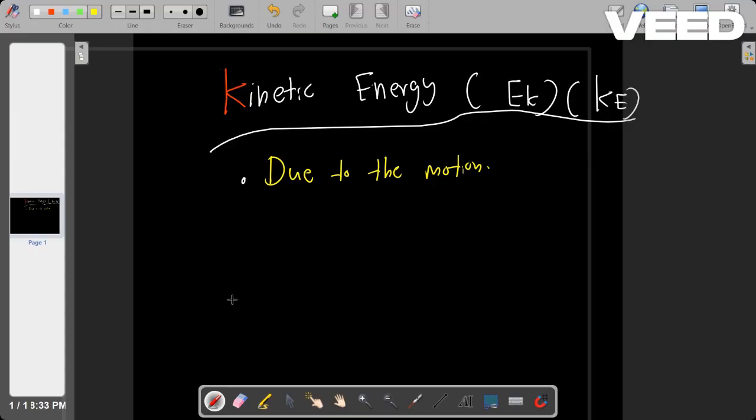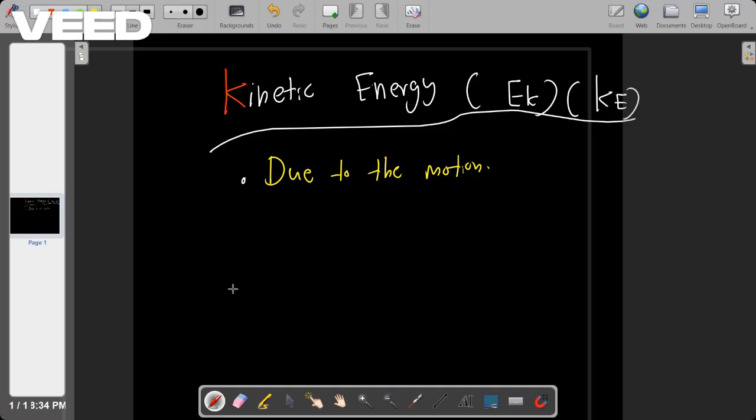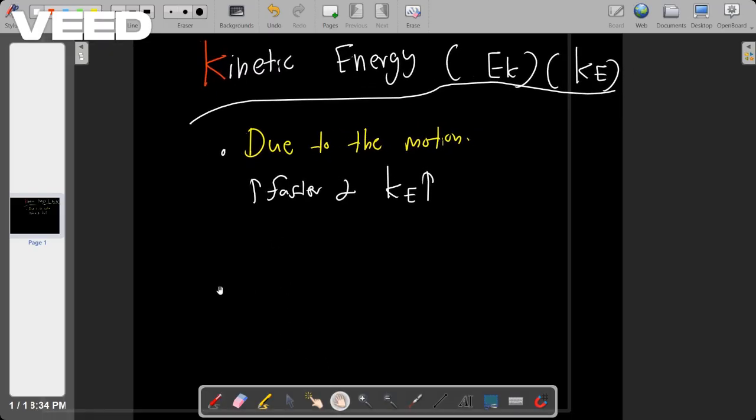And the faster the object moves, the kinetic energy also increases. The faster it moves, the kinetic energy also goes up, right?